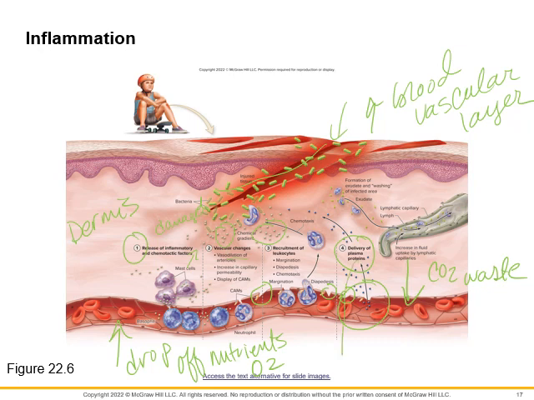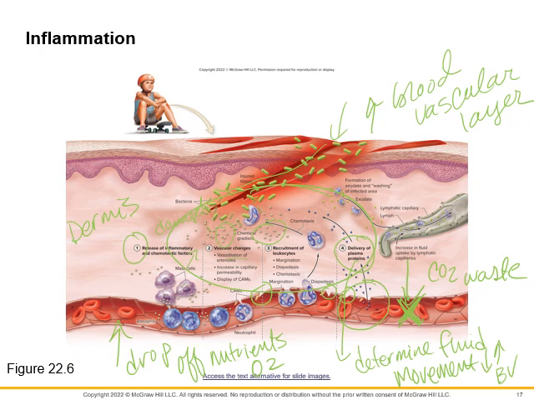Remember we said plasma proteins determine fluid movement in and out of blood vessels. So if I'm dropping off all these plasma proteins, basically I'm stopping the uptake of any of this mess.